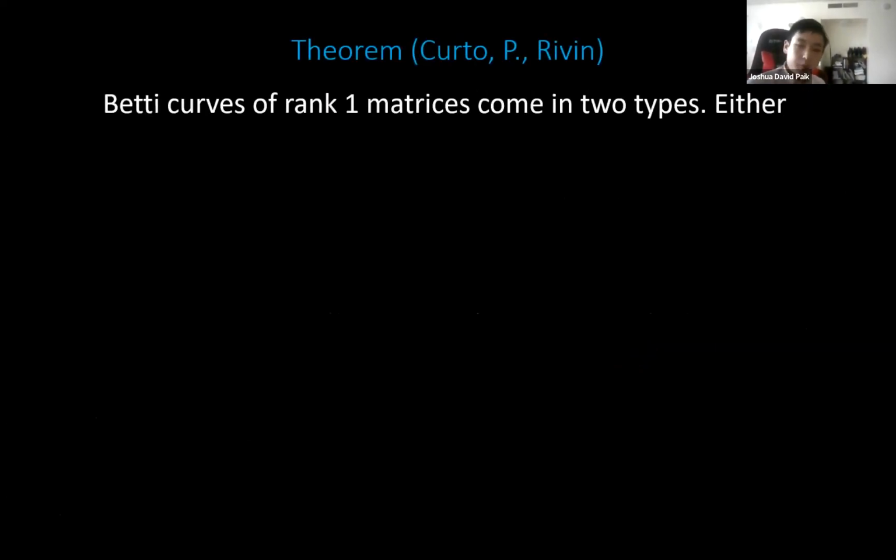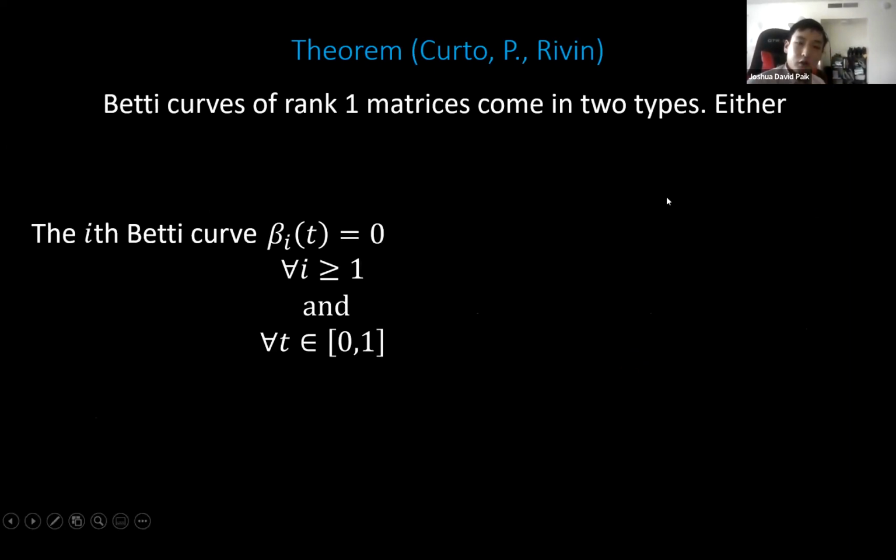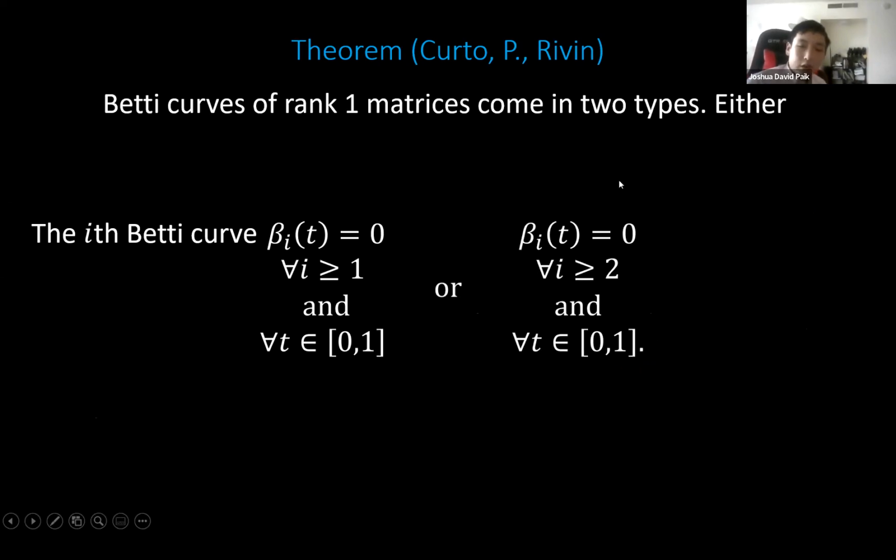And here we come to a theorem with Carina Curto, my advisor, and Igor Rivin. And the theorem is that Betti curves of rank 1 matrices come in two types. Either the ith Betti curve is identically 0 for Betti 1 and up, or the ith Betti curve is identically 0 for Betti 2 and up.